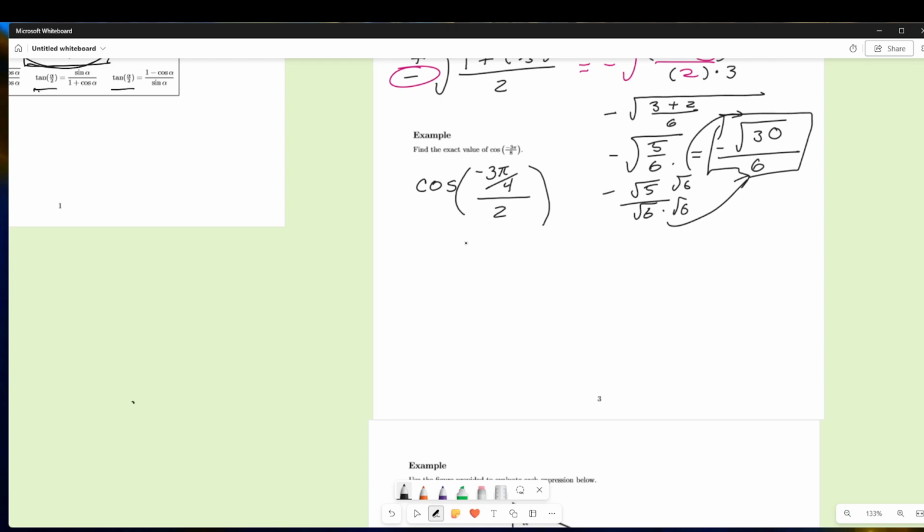So I can look at this as my theta, and you might prove to yourself that if you perform that division, you get negative 3 pi over 8. So that makes negative 3 pi over 4 our theta.